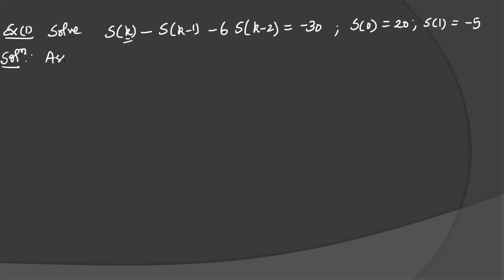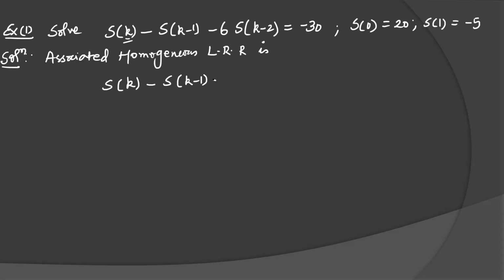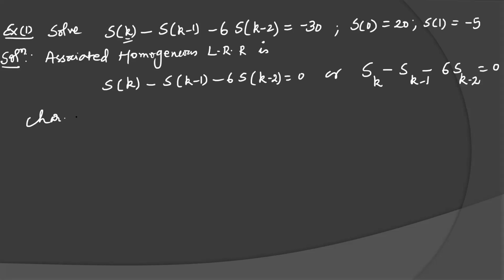The associated homogeneous linear recurrence relation is s_k minus s_(k-1) minus 6 s_(k-2) equal to 0. The meaning is the same.